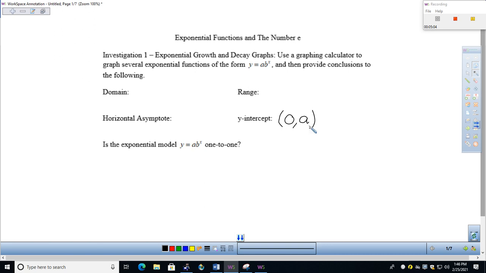Now the domain and range are the ones I really want to talk about, and if you noticed in each case, be it an exponential growth curve or an exponential decay curve, I was able to trace going to the left forever and ever and ever, to the right forever and ever and ever. There was no discontinuity anywhere, and so as a result, the domain of every exponential model is all real numbers.